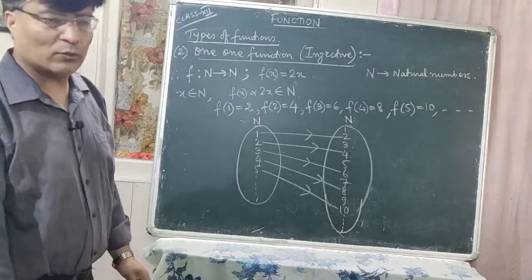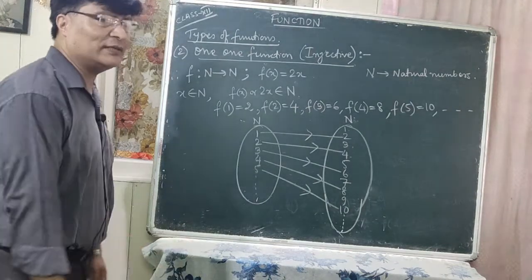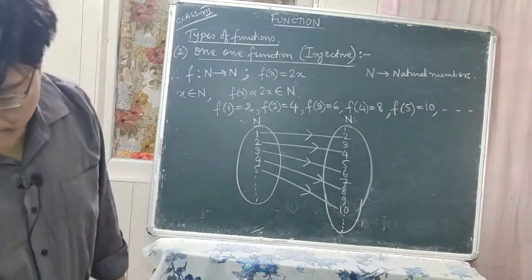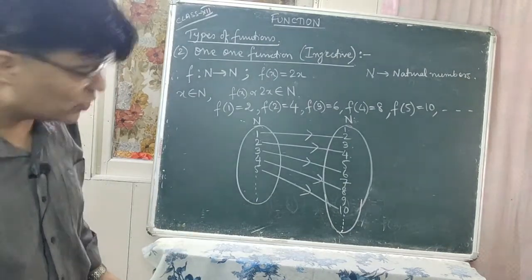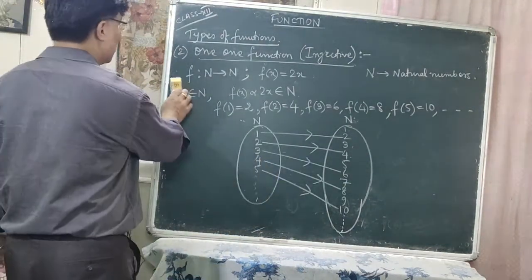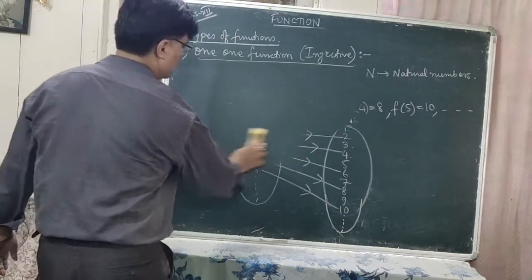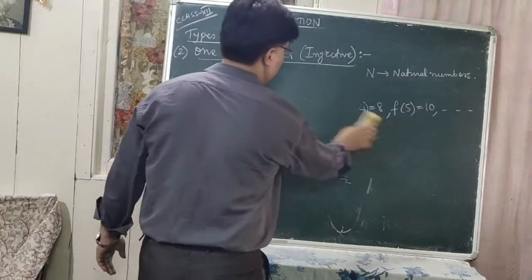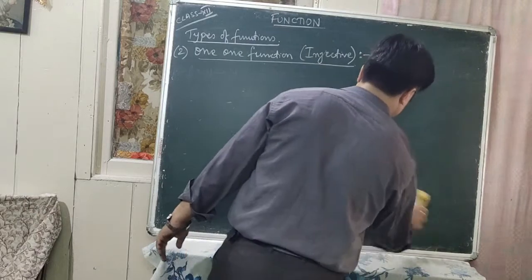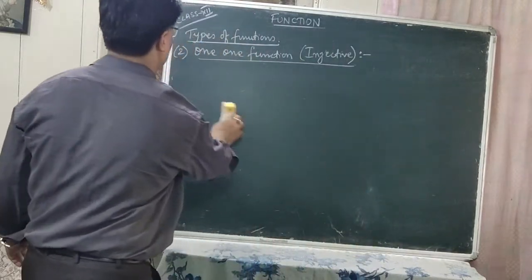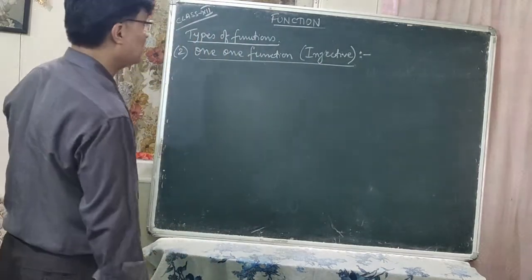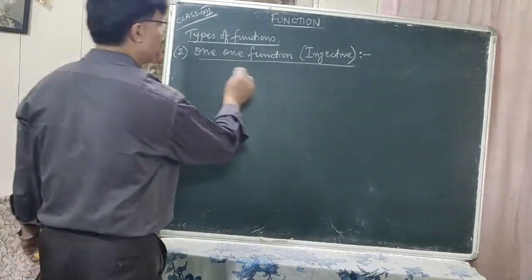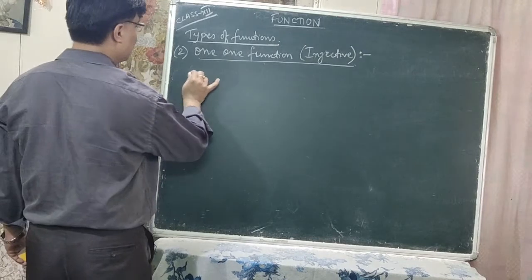So this type of function is known as a 1-1 function. This is an example of a 1-1 function, so let us write down the definition now. So what is the definition of a 1-1 function?